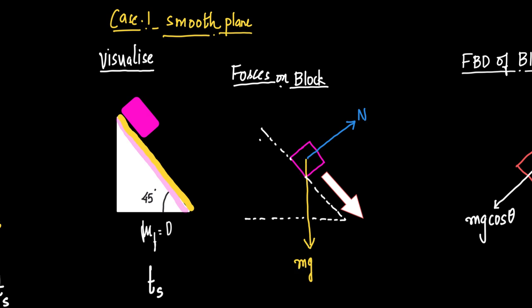Now this weight can be resolved into two components, one the vertical component mgy, and the other the horizontal component mgx.